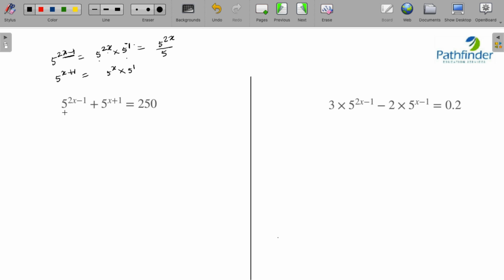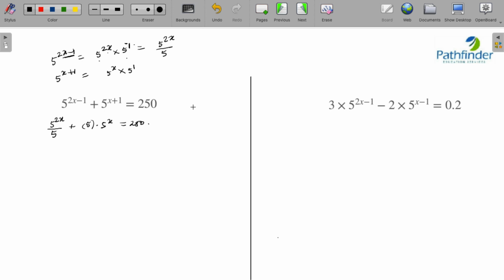So I'll write this as 5 to the power of 2x divided by 5 plus 5 multiplied by 5 to the power of x is equal to 250.